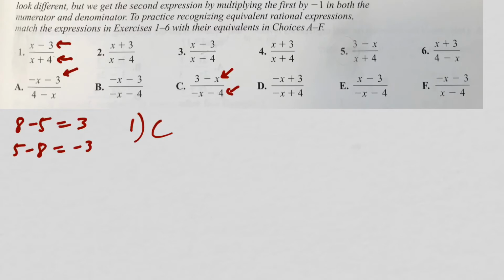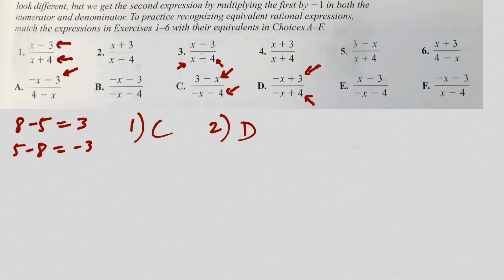I need a negative x and a positive 3. So let's look at part D. A negative x and a positive 3, that's the opposite on top. And then a positive x and a negative 4, but I have a negative x and a positive 4. That's the opposite on the bottom. So opposite on top and on the bottom brings me back to the original. So number 2 is D.